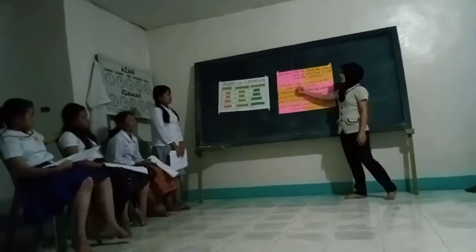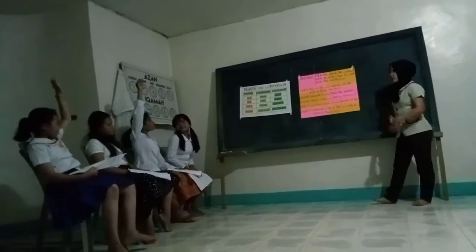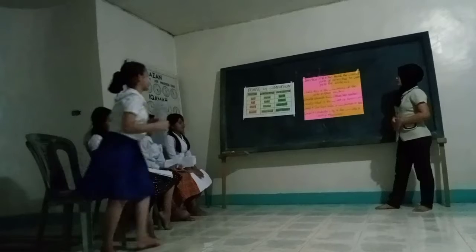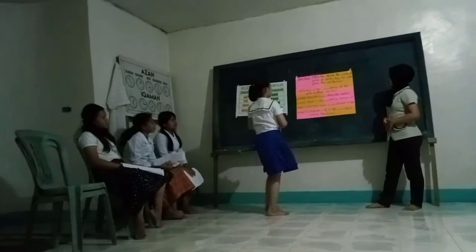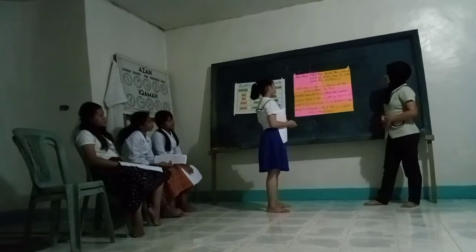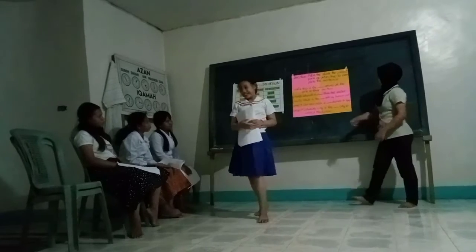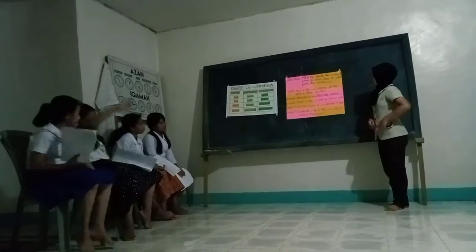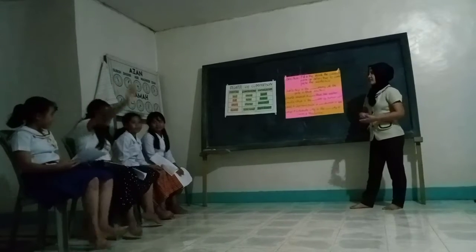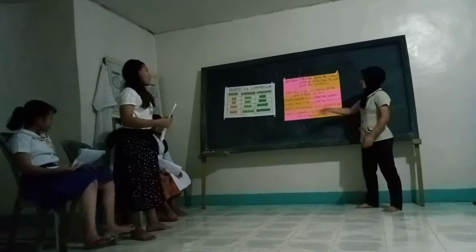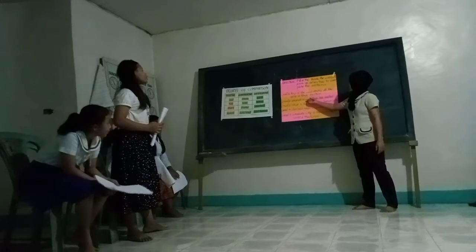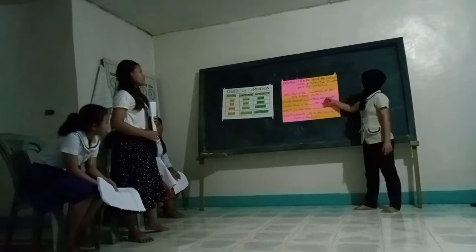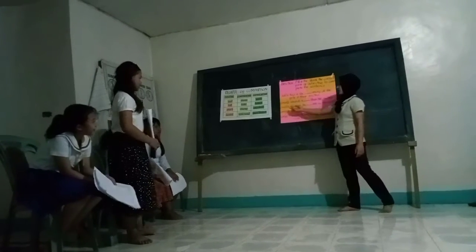Okay, number 1, who wants to read it? Okay, Maleha. Anna is the tallest among all the girls in the section. Okay, next. Number 2, Johanna is blank than her sister. Okay, number 3.